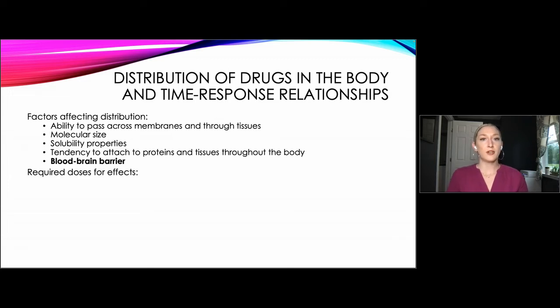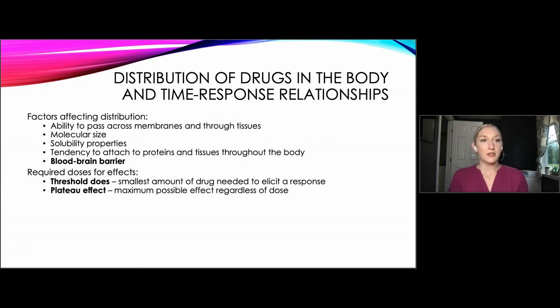So what's the required dose to achieve the effect that you want with a drug? First, we have the threshold dose, which is the smallest amount of a drug that's needed to elicit a response. The plateau effect refers to the maximum possible effect that can be achieved regardless of the dose. A lot of over-the-counter medications have limits on their effects.